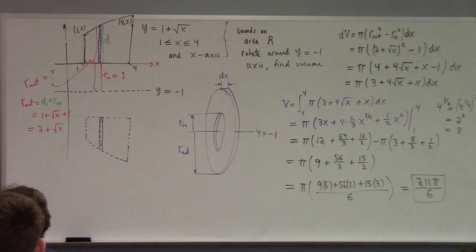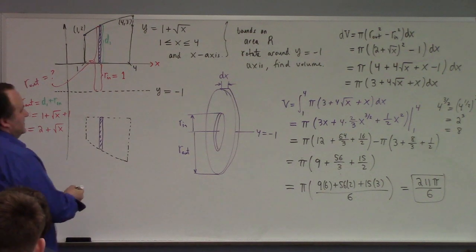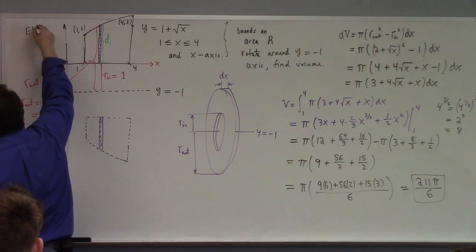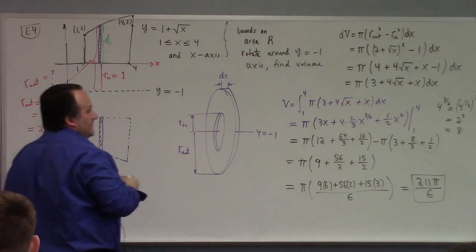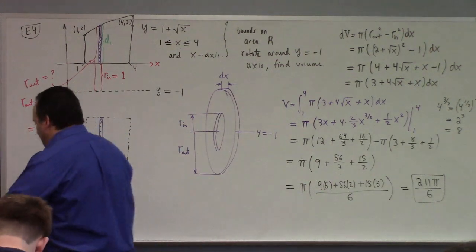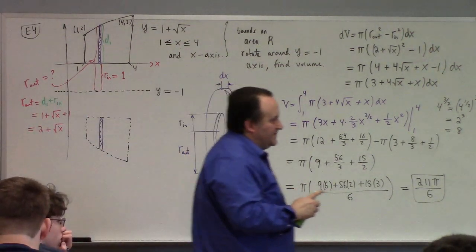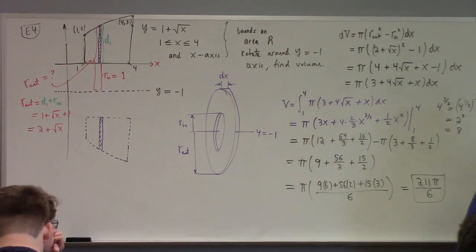How would that go? So same shape as the example, oh, I forgot to number my example, my bad. What example was this? Goodness gracious, 3, 4? Example 4 it is, all right. So example 5, let's take this same area, but let's rotate it around the x equals 5 axis. Let's see how that goes.